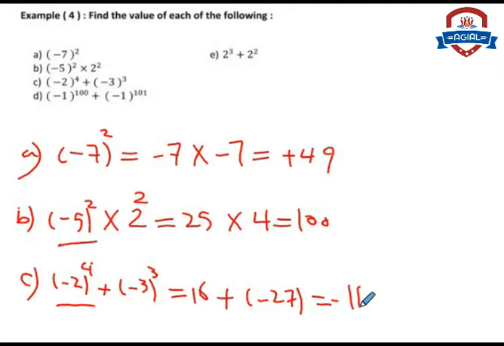And now we have letter D. (-1) to the power of 100 plus (-1) to the power of 101.